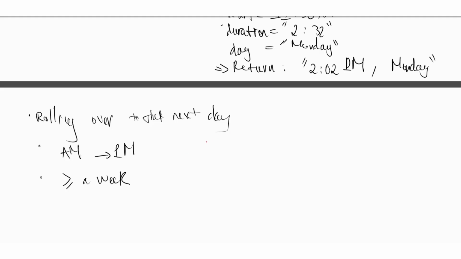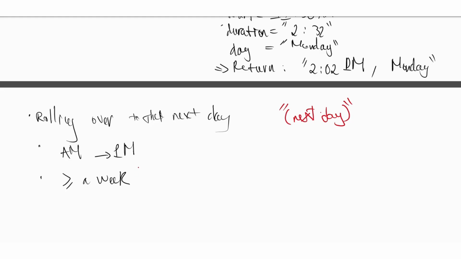For example, if the addition makes the final hour and minute go to the next day, we have to print out a string, next day, like this, and it should be printed at the end of the whole string, and it should change from AM to PM inversely, and it should go several days ahead, even up to a week or more.